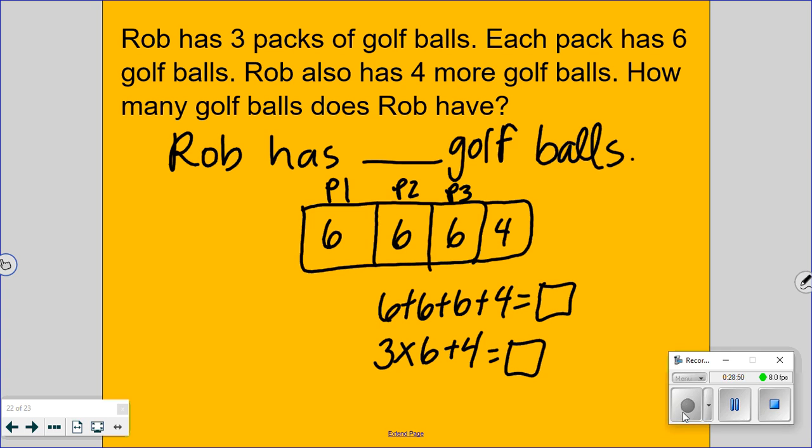If I were to solve this, what might I do? Marley? First, you find out what 6 plus 6 is. Sure. I'm going to first figure out either 6 plus 6 plus 6, or I could just do 3 times 6 because they're the same value.